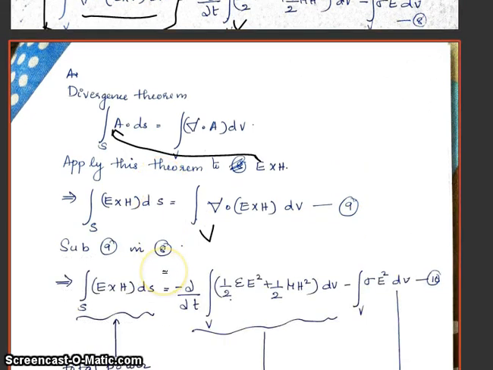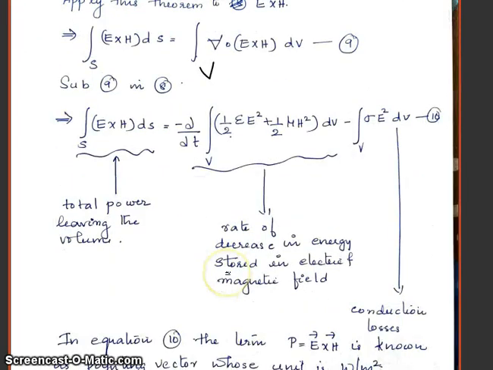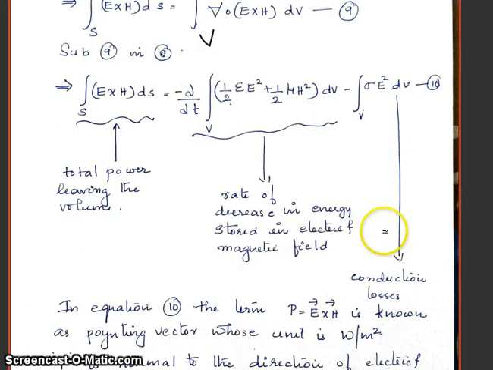The right hand side remains the same. The term on the left hand side represents the total power leaving the volume, the first term on the right hand side represents the rate of decrease in energy stored in the electric and magnetic fields, and the second term on the right hand side gives you the conduction loss.